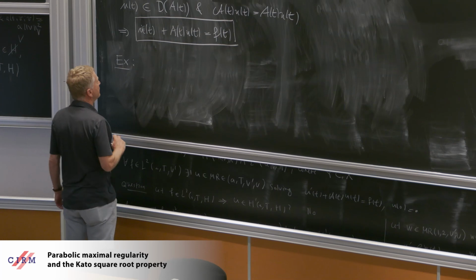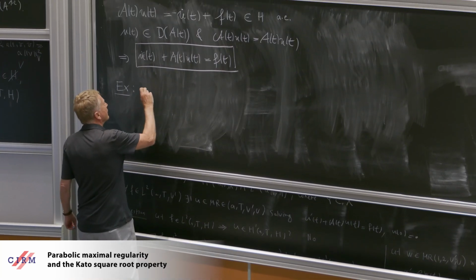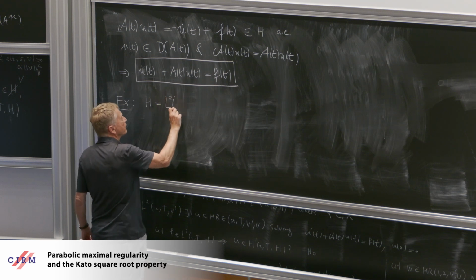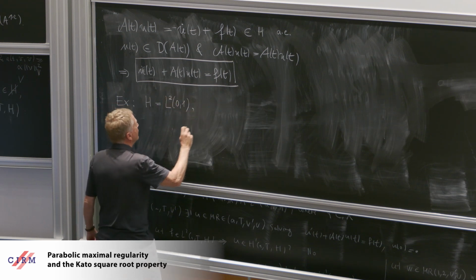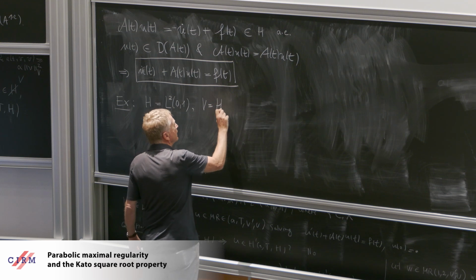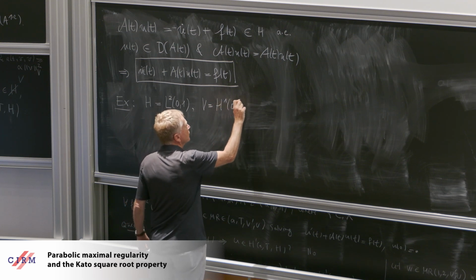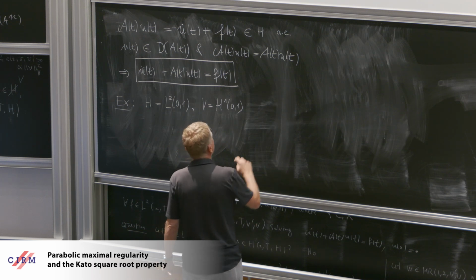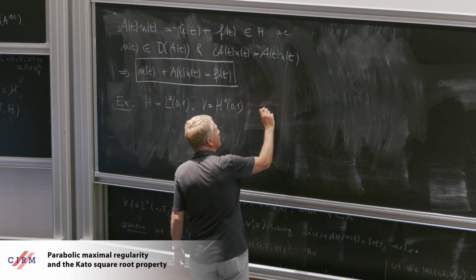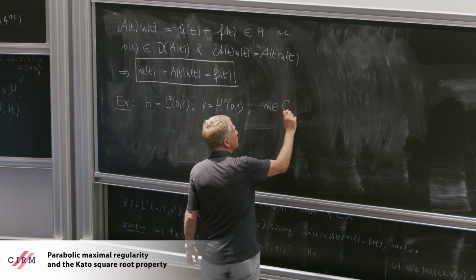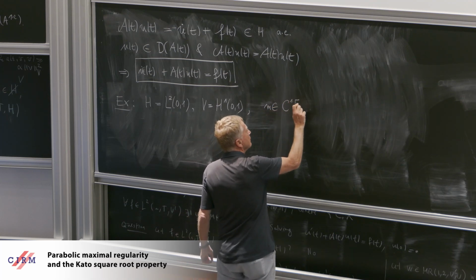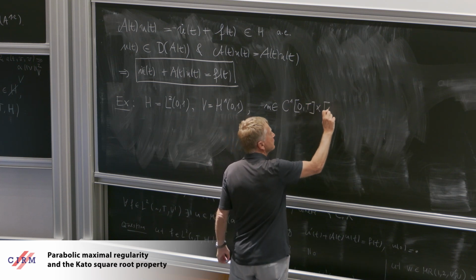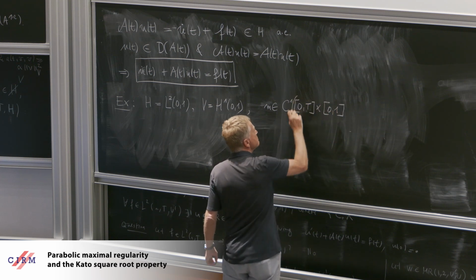In the example, H was the space L2 of (0,1), V is the space H1 of (0,1), which is injected into H. The form was given by an element m, which was in C1 with respect to time and with respect to space.